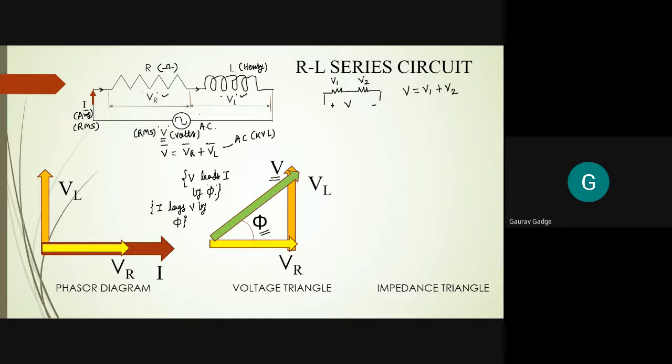For this kind of impure inductor, where a resistance element is present with the inductor, both in series, current lags the voltage by an angle, and voltage leads current by an angle. That phi varies, and it completely depends on the value of the resistor. Is it clear with the concept of the voltage triangle? Is there any problem with the voltage triangle?